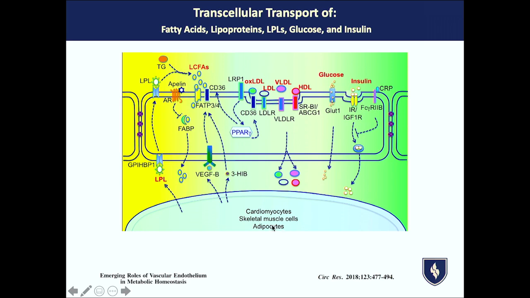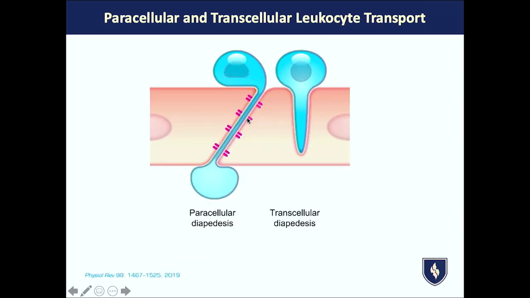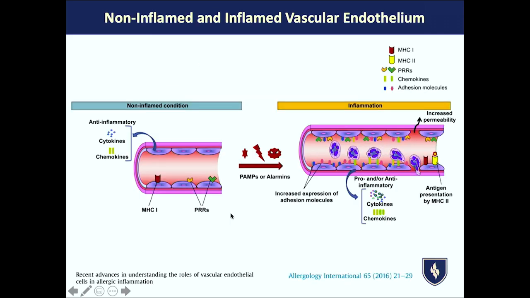They all require fuel sources and nutrients and so forth. And these cellular messenger responses allow the transport of these compounds to go through, as well as white blood cells to go through. And these are all involved with the transcellular pathways. So you can see these tight junctions open up, and these things can then cross into the cell.